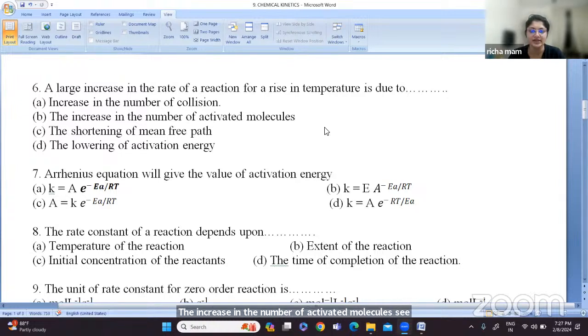Dhanush has answered it as A. Sushmita has answered it as B. Usha has answered it as B, activated molecules.